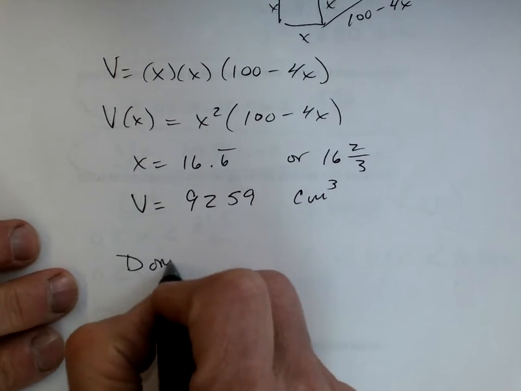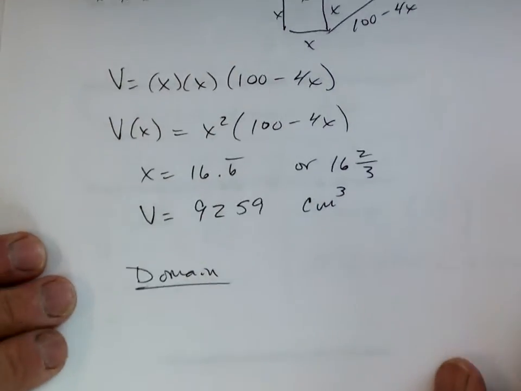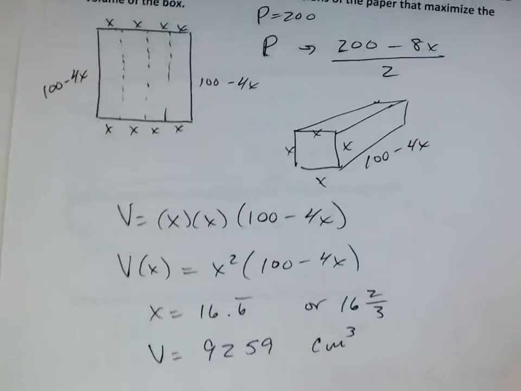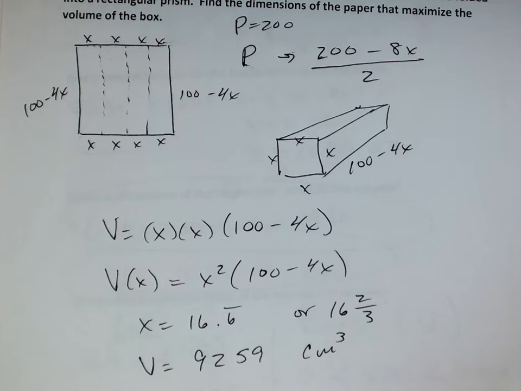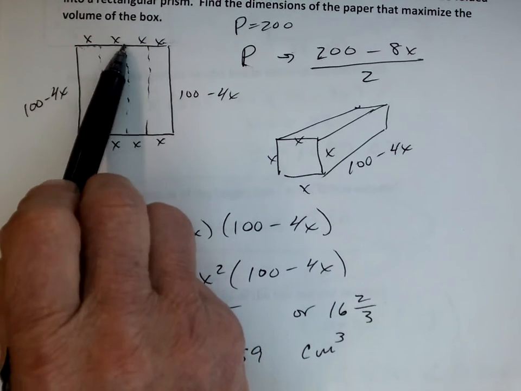Domain. Domain's tricky. Anybody need to figure out domain? I know it, but does anybody have any ideas on domain? Domain's the x, right? So we know for sure that the domain are these folds.